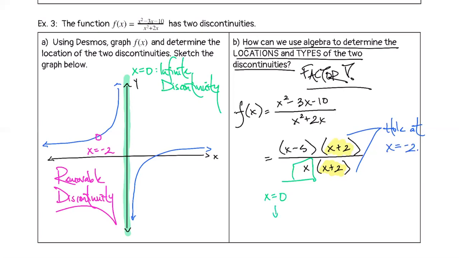That means that we have a vertical asymptote, and I'll abbreviate this as VA, but there's a vertical asymptote at x equals 0. So if you have a factor that's in the top and the bottom, that's going to be a removable discontinuity. But if you have a factor that is only on the bottom, that's going to be an infinite discontinuity.